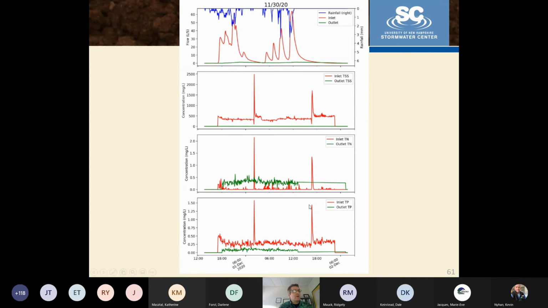Nitrogen. So we see high spikes of nitrogen concentration within our system. So this is real-time monitoring, again, from a storm event. Essentially, this is a pollutograph. And then we see very controlled outlet concentrations for sediment, for nitrogen, and for phosphorus.